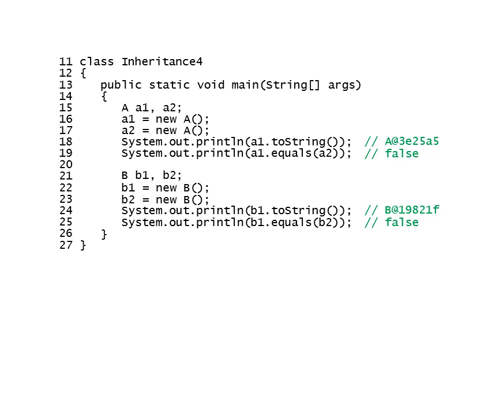For line 25, because it's just checking the 2 addresses, which are not equal, so it's going to be false. And for line 24, it displays the name of the class, @ and then some weird hexadecimal number, which is just the hexadecimal address in memory where the B object is sitting.